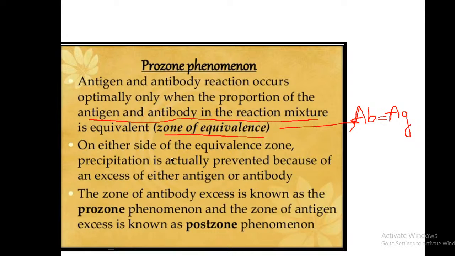On either side, if there is excess of antigen or antibody: if antibody is in excess, that is known as prozone. Prozone means antibody excess or antibody more, and postzone means antigen more, that is known as postzone.